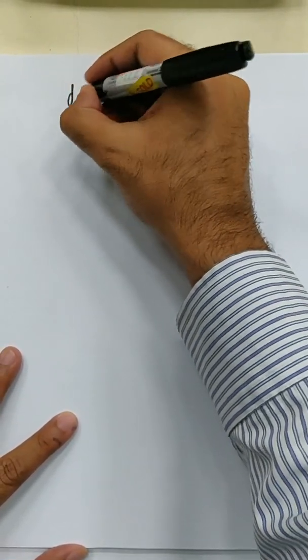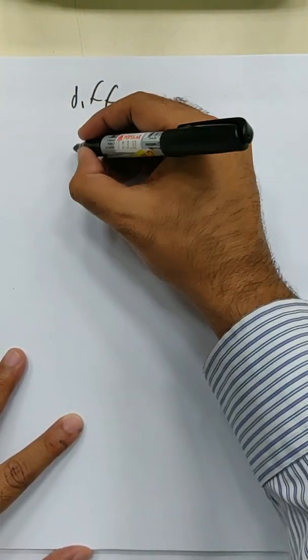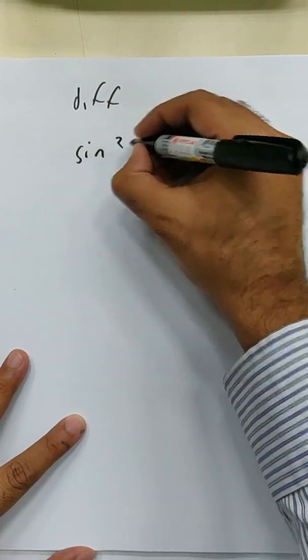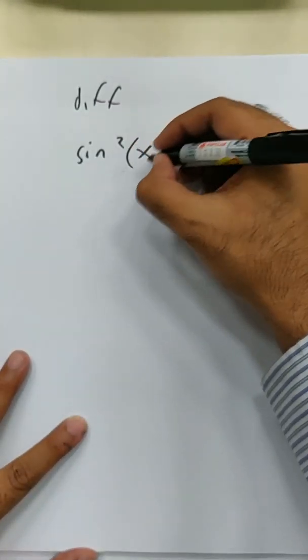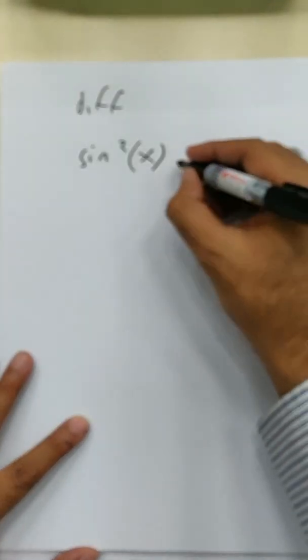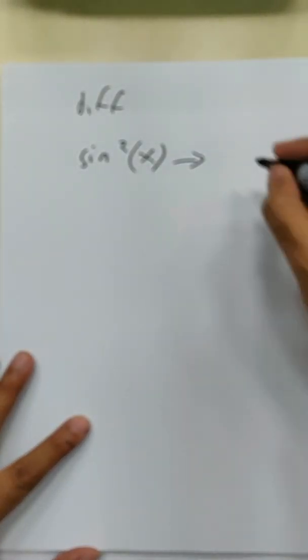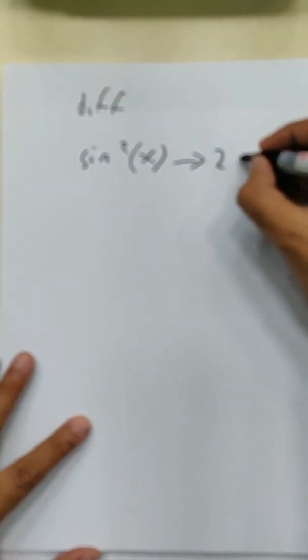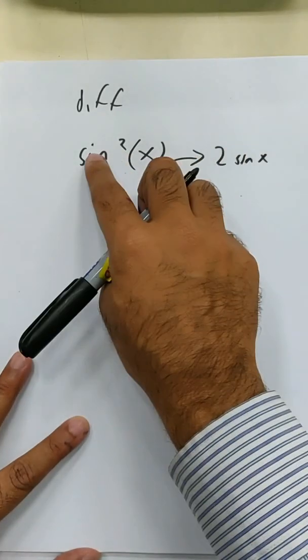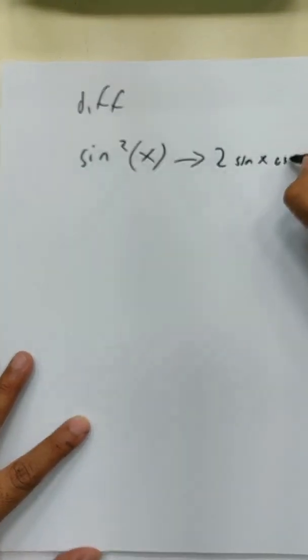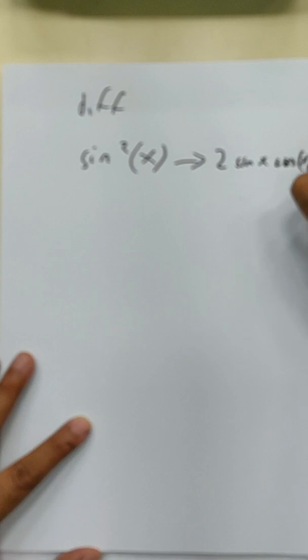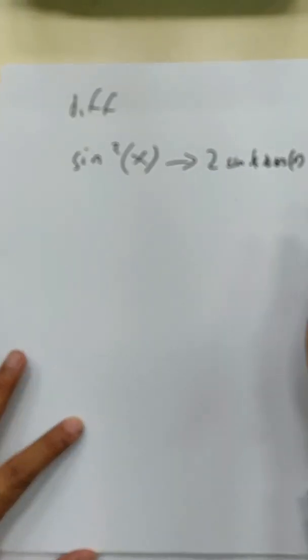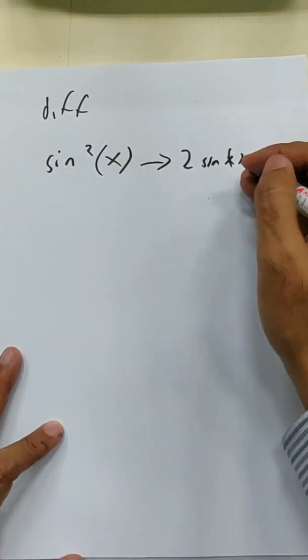For differentiation, if I give you something like sine squared x, can I differentiate it? Firstly differentiate the power, 2 sine x, and then differentiate the sine, get cos, and then finally you differentiate the one in the middle, the one in the bracket. It's as simple as that for differentiation.